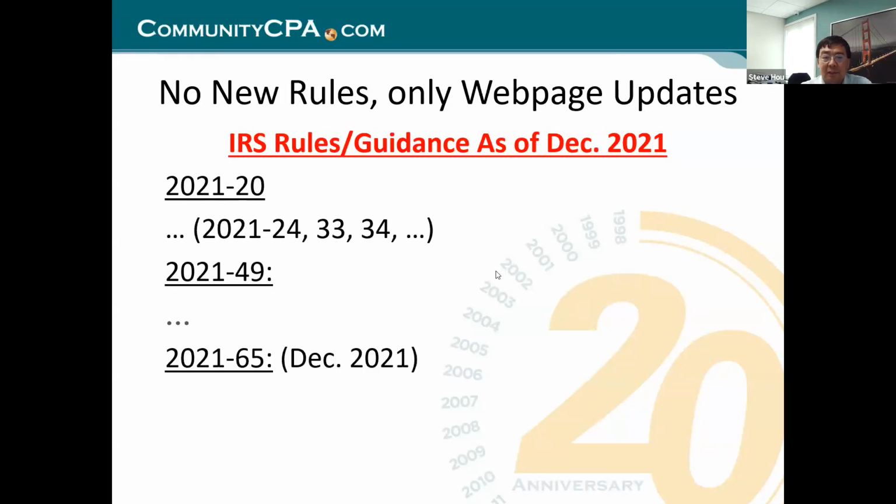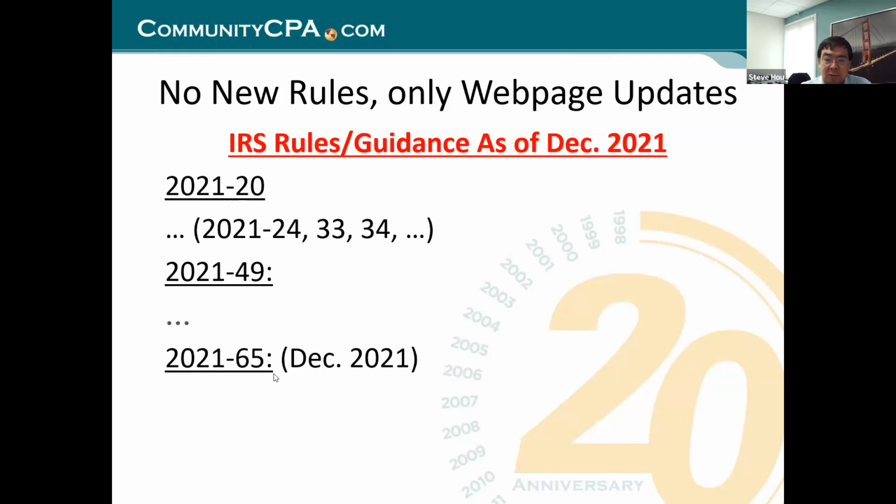All right, so earlier I summarized the laws as of November 2021. There has been no change in ERC laws after November 2021. The same thing can be said about the ERC rules. The IRS, at least to my knowledge, has not published any new rules after December 2021.